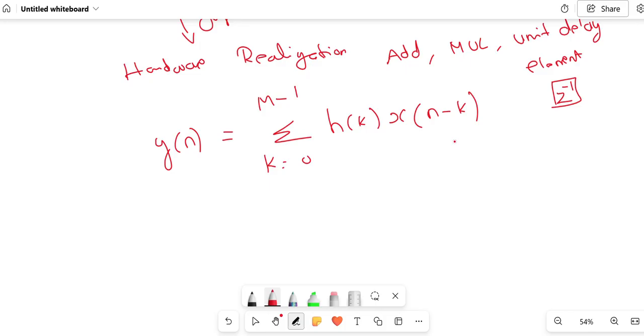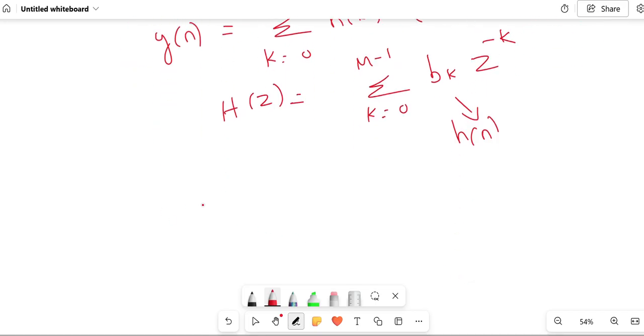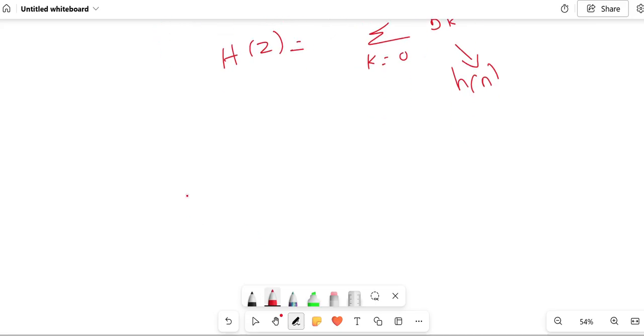In Z transform you can write H(z) is equal to the summation of k equal to 0 to M minus 1 of b_k z to the power minus k. So this b_k can be replaced with h(n).